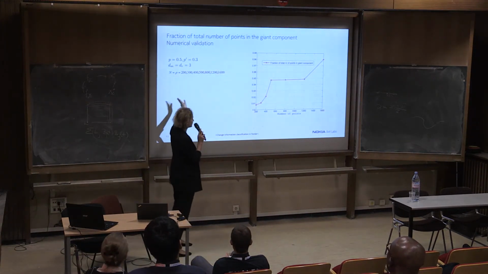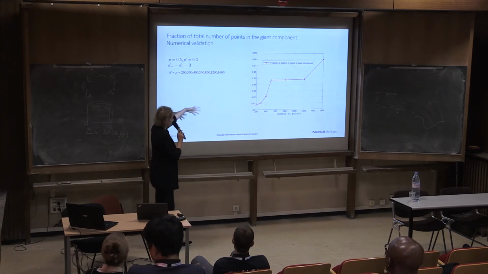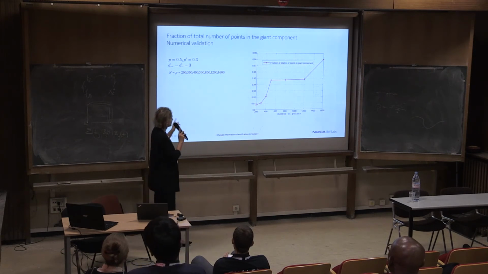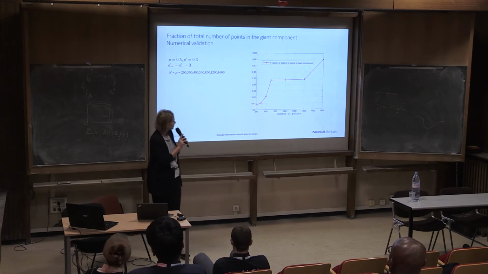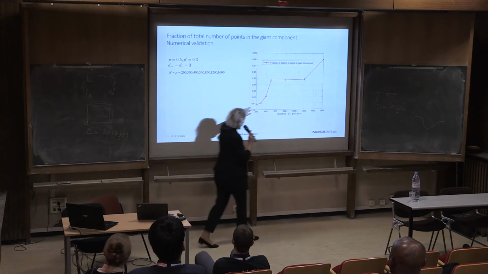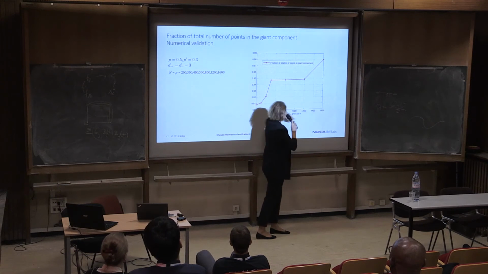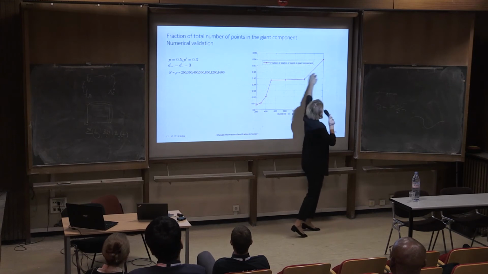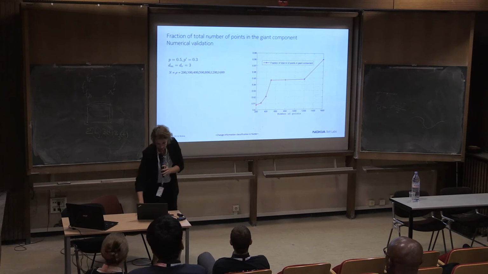We vary the number of points for mobile nodes and for relays, for different values from 200 up to 1600. We validated for fractal dimension equal to 3, but in other works we work with other options as well. We can see that by increasing the number of points, both in mobile nodes and in relays, the fraction of total points in the giant component goes to 1, and the number of points outside, the complement, of course, goes towards 0.